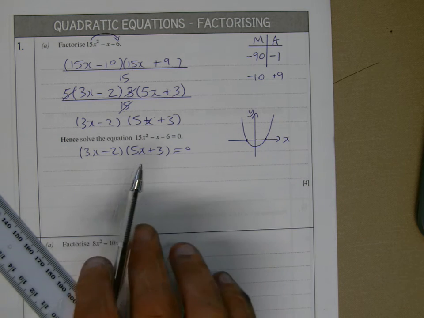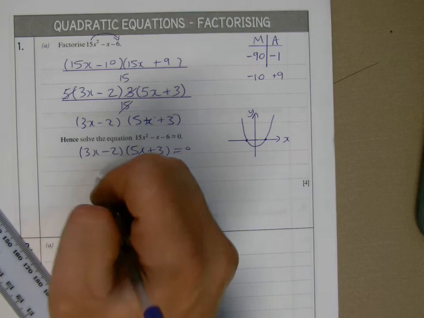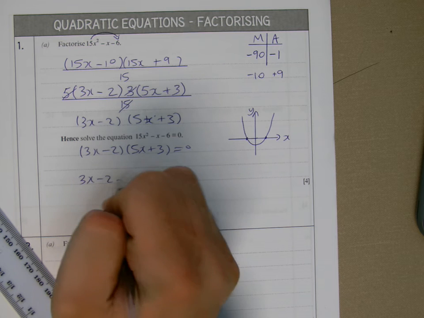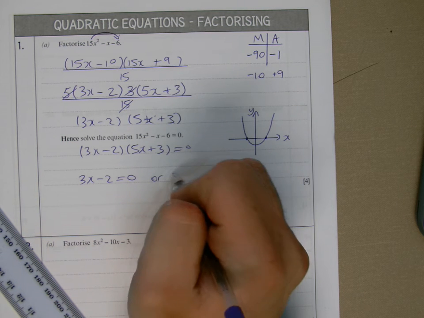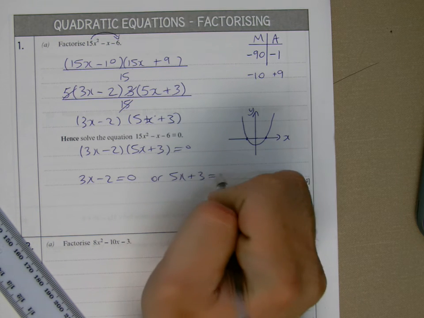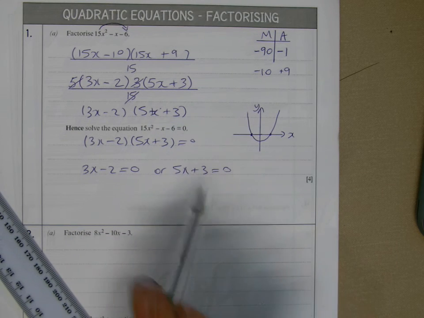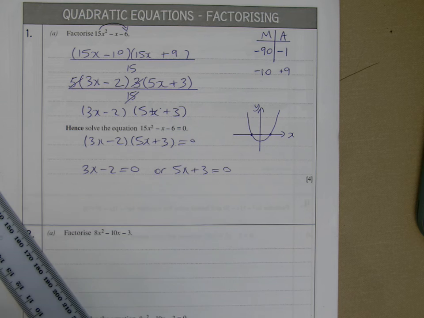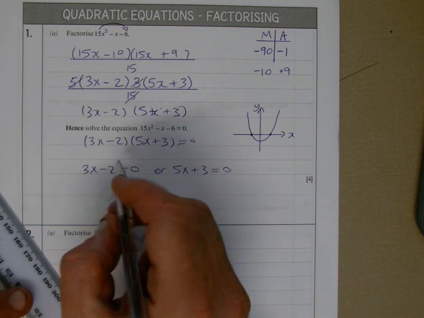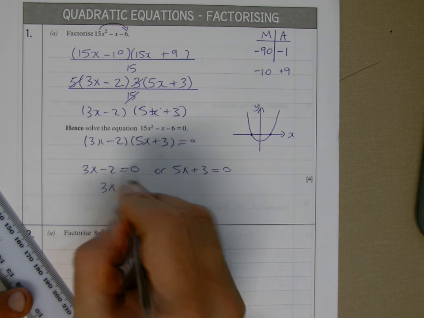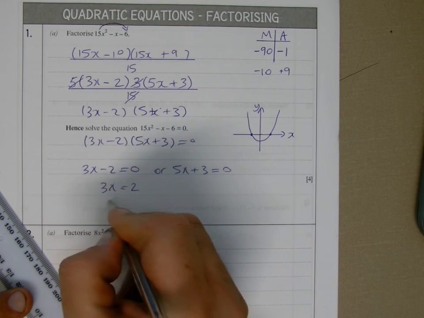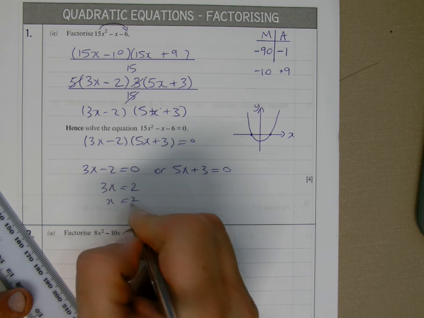So you say, either the first bracket is 0, so either 3x minus 2 is 0, or the second bracket is 0. Because remember, when you're timesing two things together, if the answer is 0, one of those things has got to be 0, isn't it? So either 3x minus 2 is 0, which means take the minus 2 over, becomes a plus 2, and then you take the 3 over, and we divide.